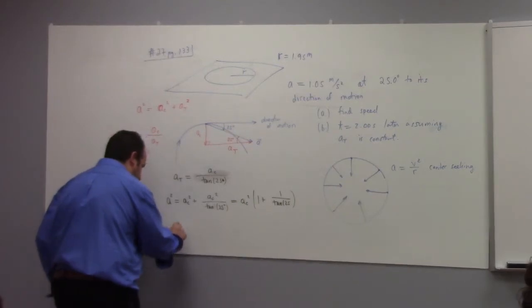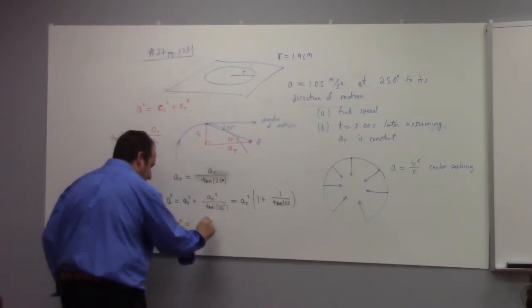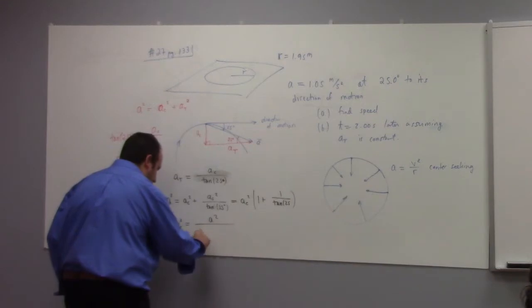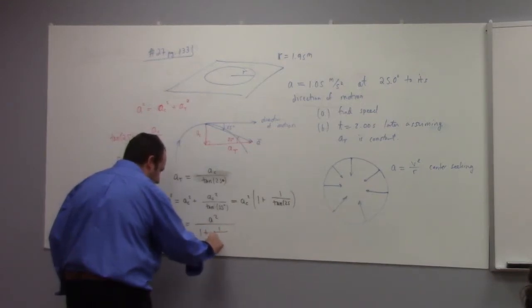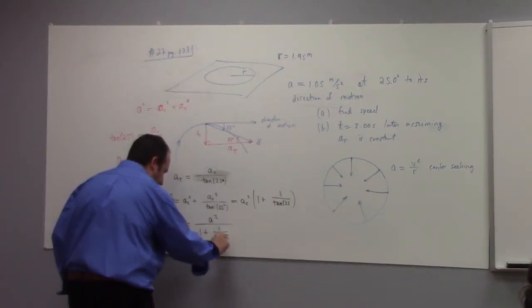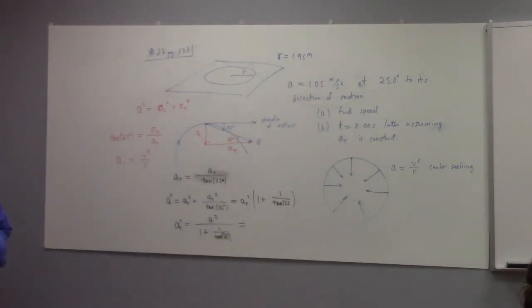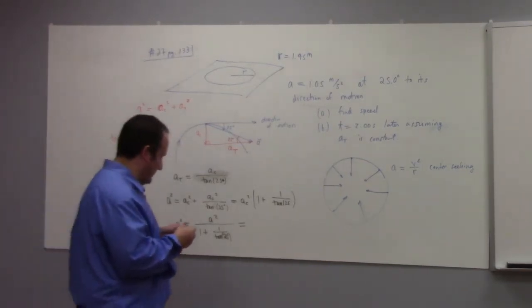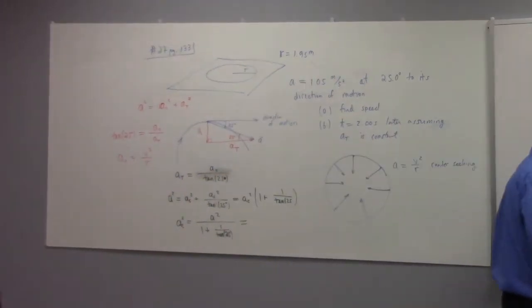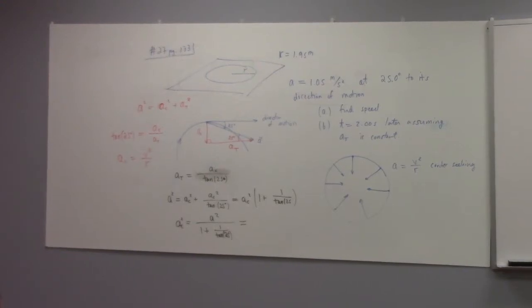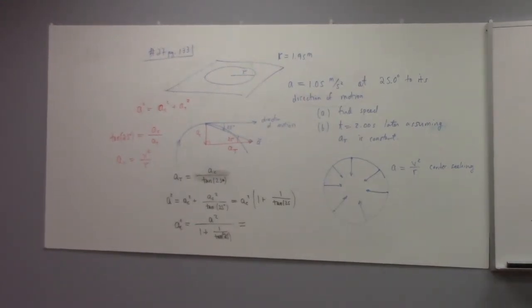AC squared is a squared divided by 1 plus 1 over the tangent of 25. Let's figure out what that number is. We could figure that out without too much work, right? We're given A. So what is this AC squared actually equal to? All right, 1.05 squared.